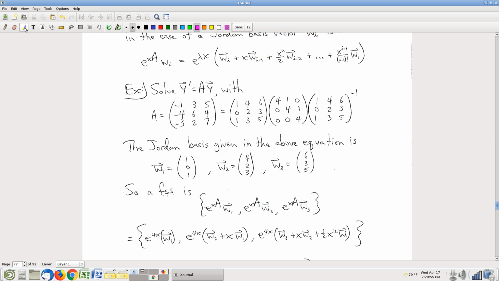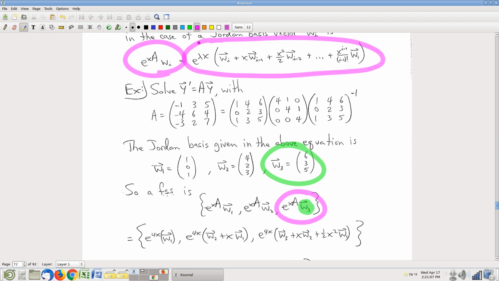Let's look at our W3. We're going to multiply that times the matrix exponential to get our third solution. That we're going to plug into this formula, well, notice that now we're looking at this as W3. That makes this a 3.